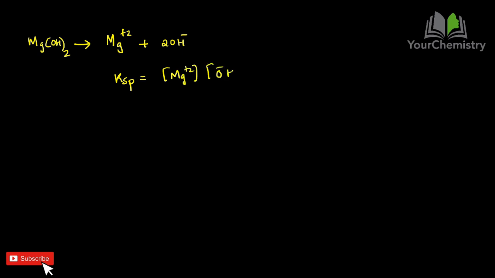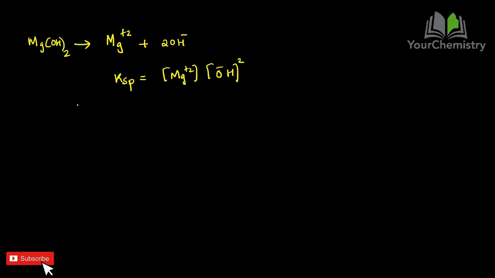It is very simple. So let's see, magnesium hydroxide splits into magnesium plus 2 plus 2 OH minus, or simply Ksp is equal to concentration of magnesium plus 2 into concentration of OH minus the whole square.